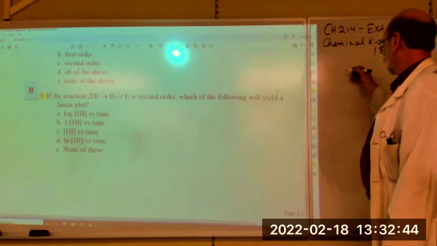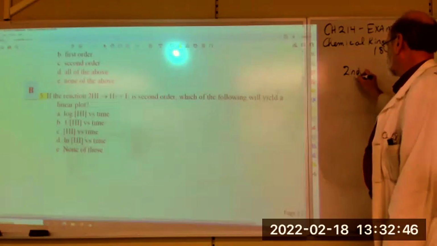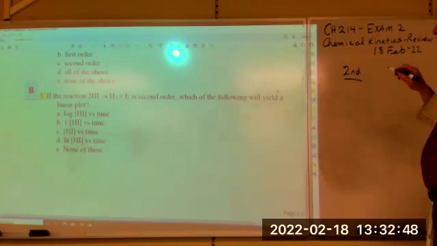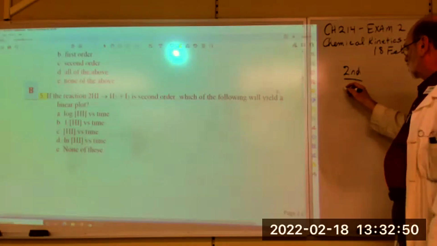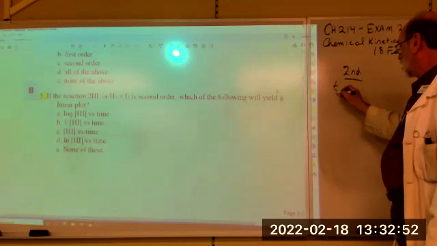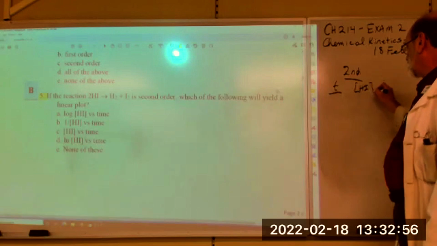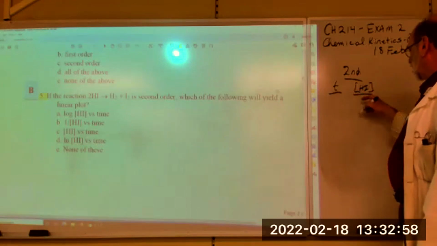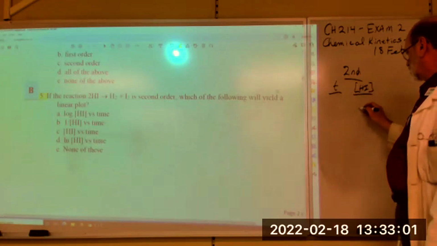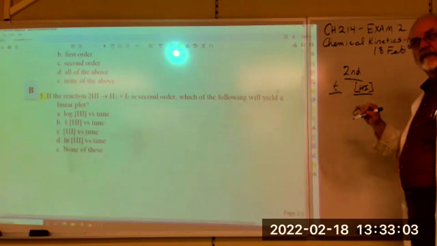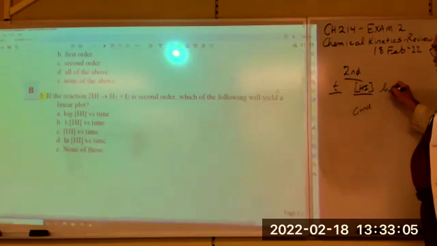If it's second order, we know that the concentration versus time, time on this scale, concentration of HI will give you a curve, right? And natural log of HI, this is first order.